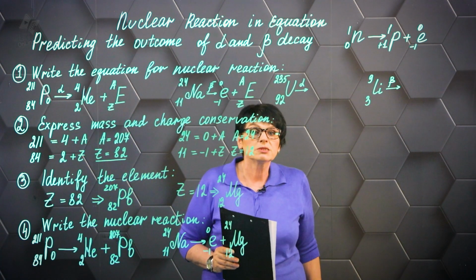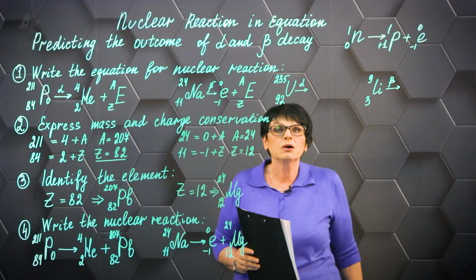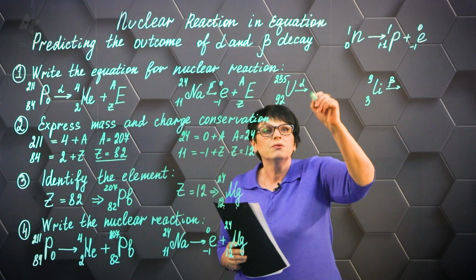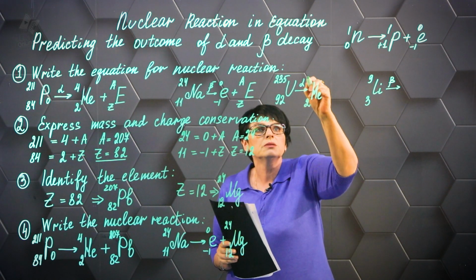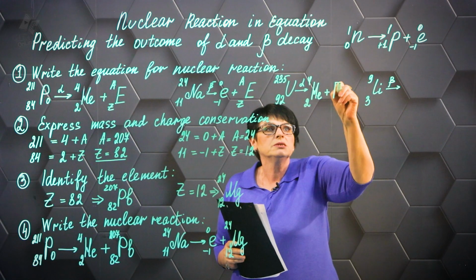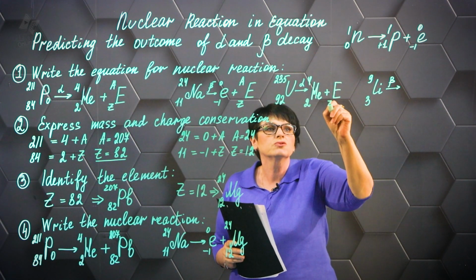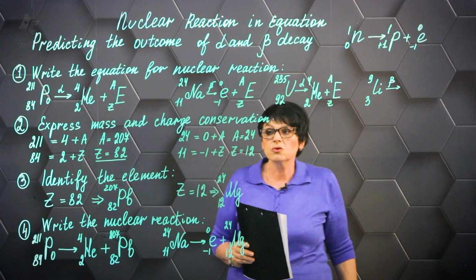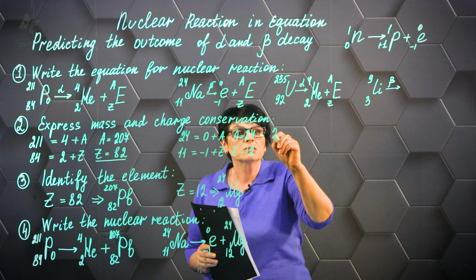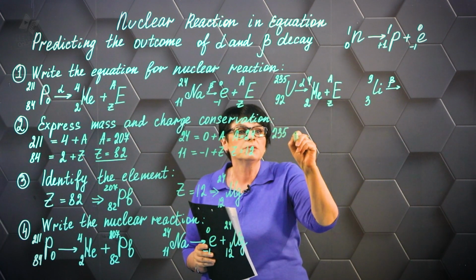Okay, let's do one for a more complex element, uranium. Now, uranium is alpha decay, so it's splitting off helium 2, 4, and then there's the unknown element that it has to go to, Z and A. Look, we're working exactly the same way. On top, we've got 235.